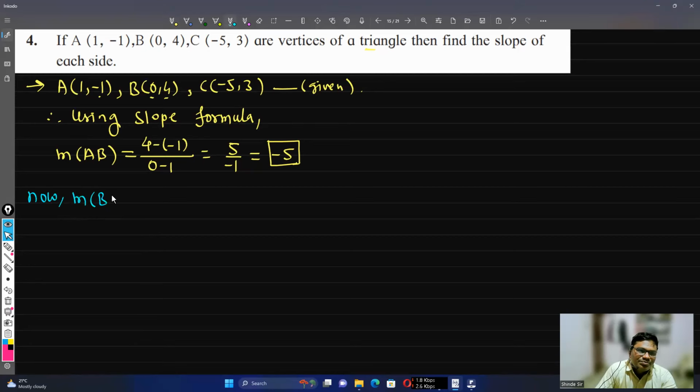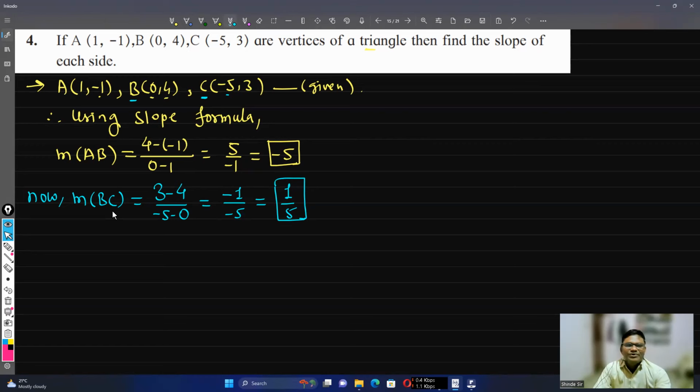Now, slope of BC. Now the point B is our first point for the slope of BC and C will be the second point. So the slope of BC is equal to 3 minus 4 upon minus 5 minus 0. And it will give us minus 1 upon minus 5, and that is equal to 1 upon 5.